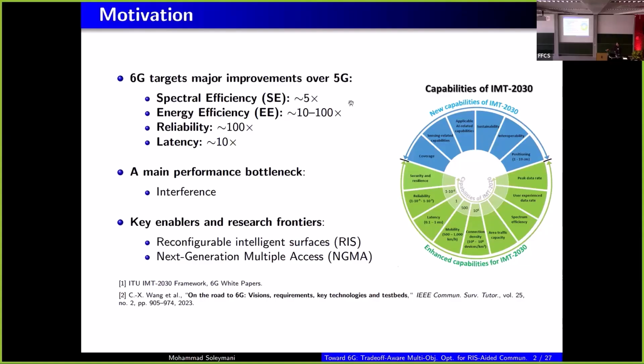It would be even more difficult to improve all of these metrics together in multi-user systems whenever you have high interference. In this presentation, I provide 2 use cases including RIS, and one including different techniques for the next generation of multiple access schemes.